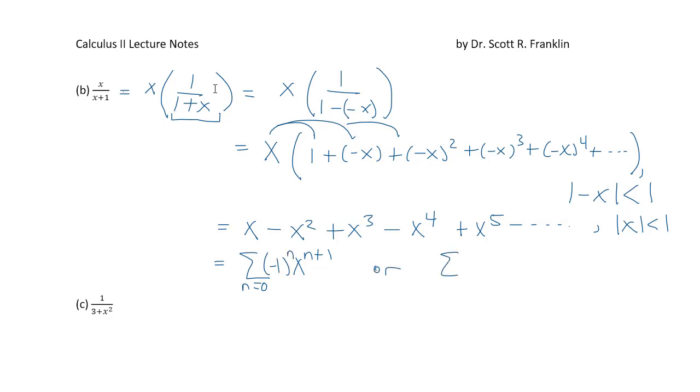Or I could have done the sum of x to the n and start at n equals 1, still going to infinity in both cases. But I can't do -1 to the n because 1, if I plug it in first, makes the first term negative and the first term is positive, so I'd have to do n minus 1 up here, or n plus 1 works. Either one of these two is correct.